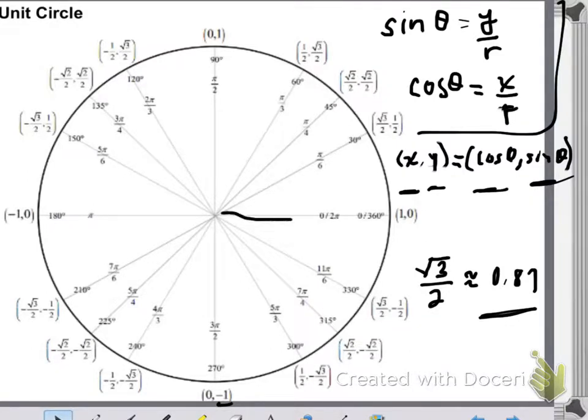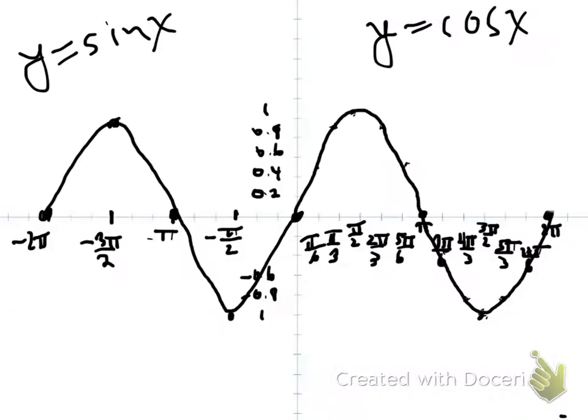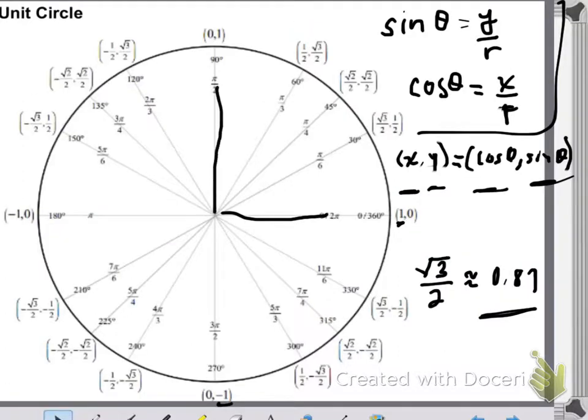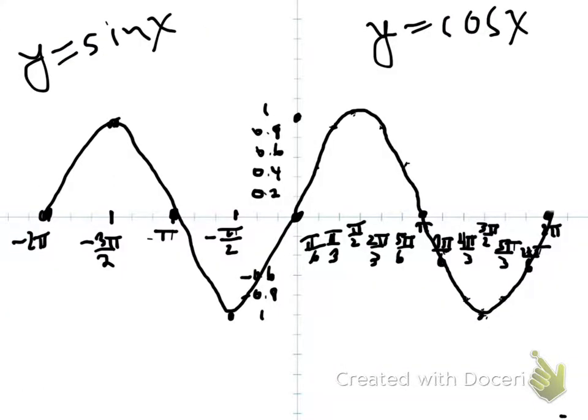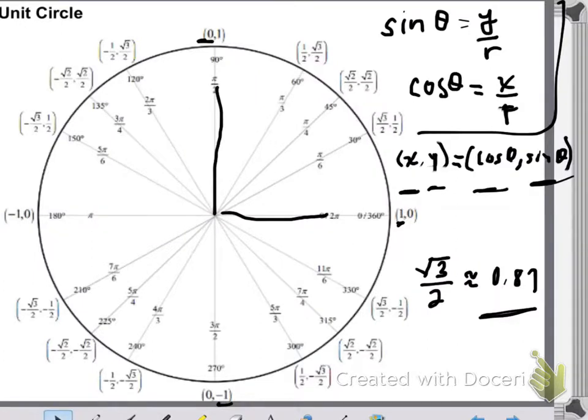So the cosine of 0 is going to be 1. So that's a difference. The cosine of 0 is 1 here. Alright, now I want the cosine of pi over 2. So that's going to be 0. The cosine of pi is going to be negative 1.